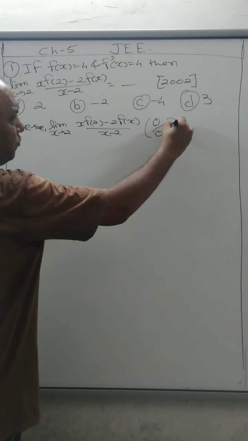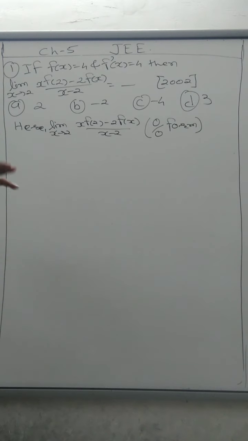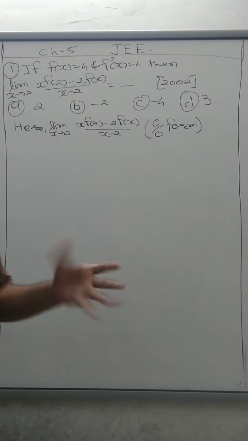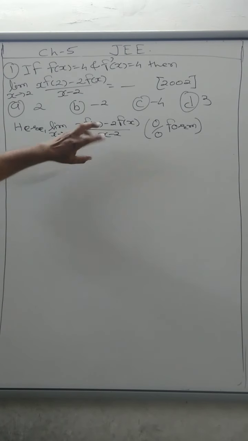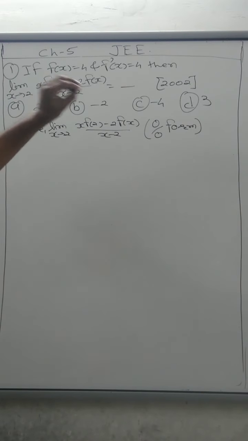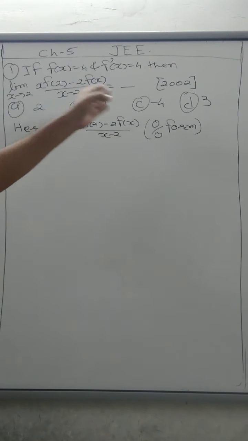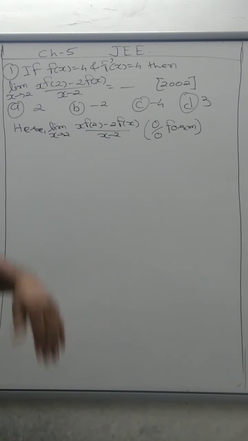So what do we do? Either we rearrange them or we take L'Hospital rule. L'Hospital rule, or LH rule, means you differentiate the numerator and denominator separately, then put the limit again. If the 0 upon 0 form occurs again, you proceed several times.